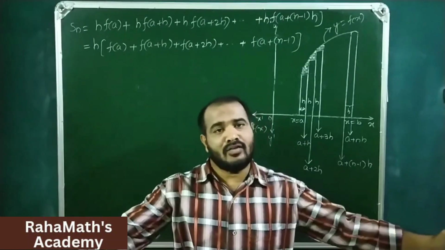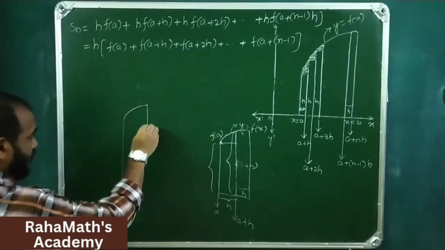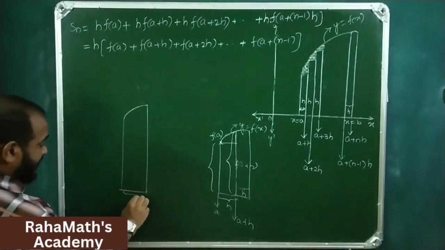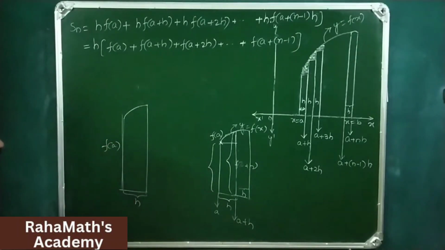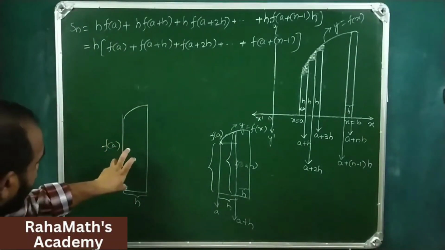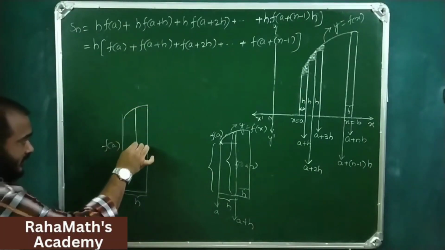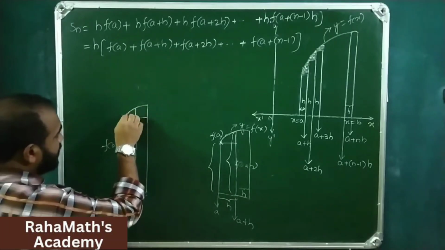If I take an infinite number of rectangles, so very first thing, for example, this is what I get. So this is h and this is f of a. But if I reduce this h to this, then compared to earlier, this much is missed.